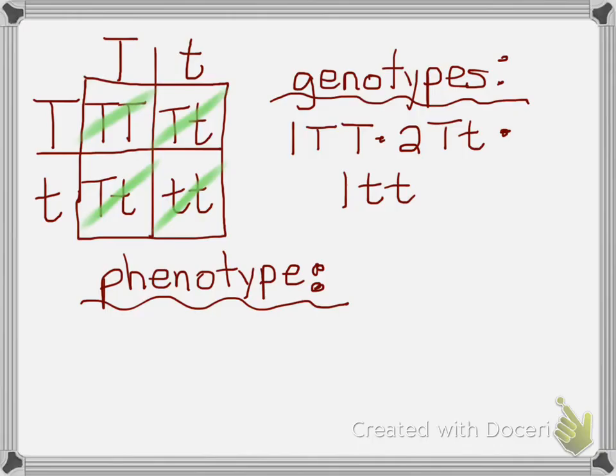And so if we go back and look at these different structures, we're going to see that this first one and these two both have capital letters, so therefore we're going to have 3 that are going to be the dominant or tall phenotype. Phenotype's what it physically appears like. Genotype's what the actual letters are. And that leaves us with 1, little t, little t, that is going to be the recessive or the short.